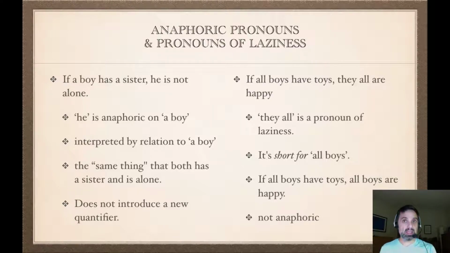What's important is that you are in fact able to draw these distinctions in interpreting these sentences. When you look at sentences for your homework, you're going to want to be able to say, is this an anaphoric pronoun and it means this, or a pronoun of laziness and means that? If it's an anaphoric pronoun, it doesn't introduce a new quantifier, but if it's a pronoun of laziness, then it does, because it's really short for a new determiner phrase.